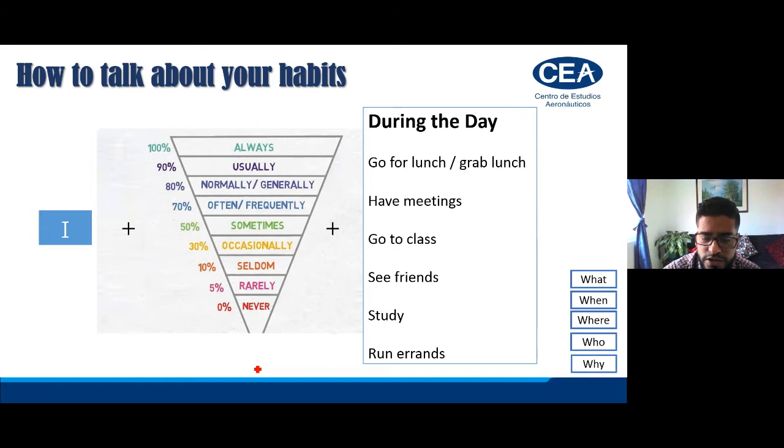So this expression is very common when, for example, you do a small task, okay, a small task that you need to do during the day. A small task means that, for example, you go to the bank, or maybe you go to the dentist, or you go to the supermarket. It's a small task.